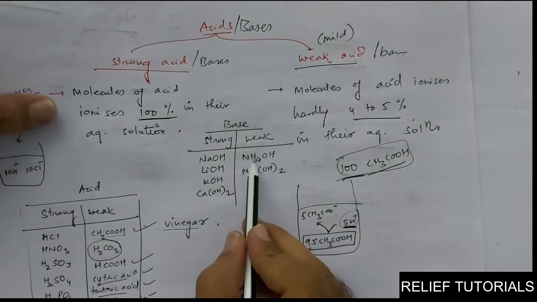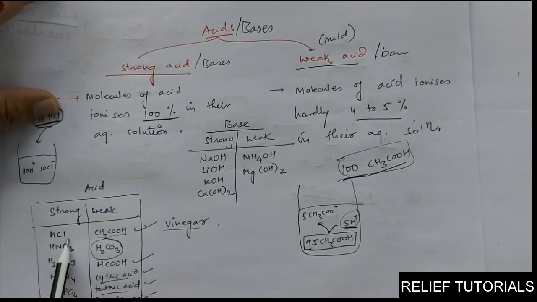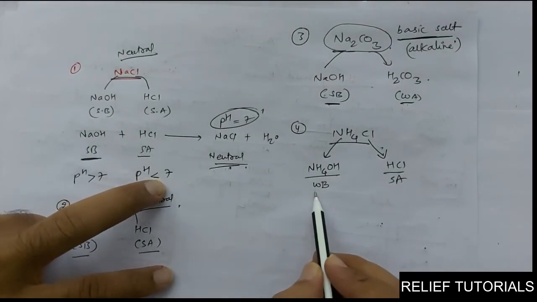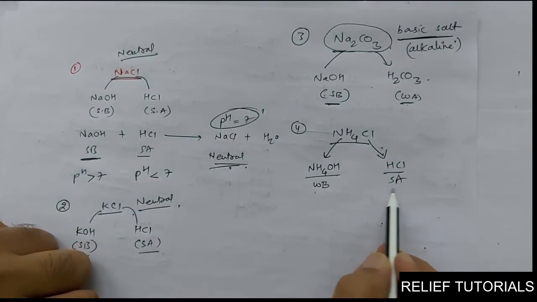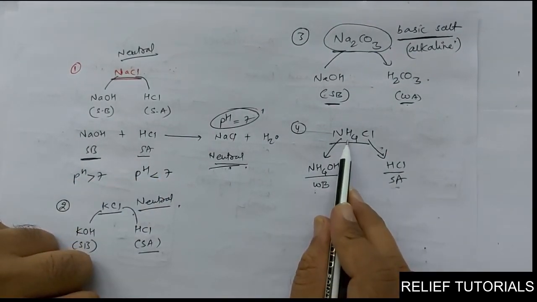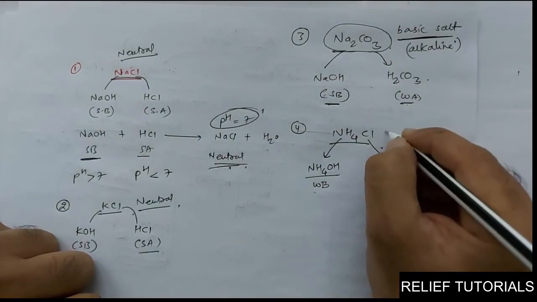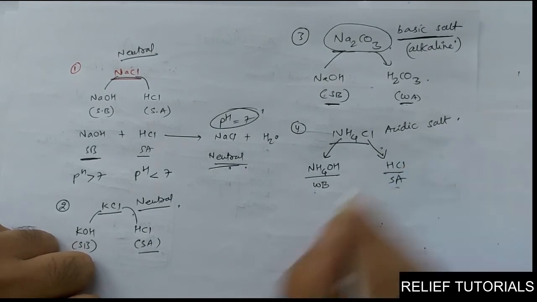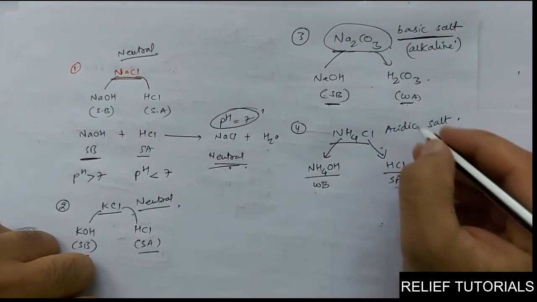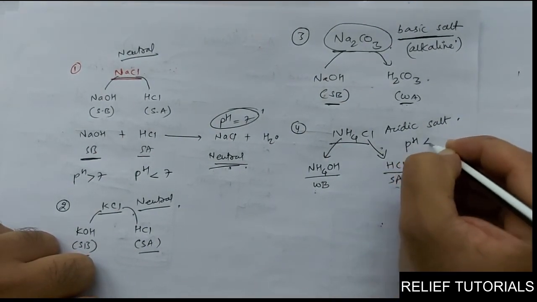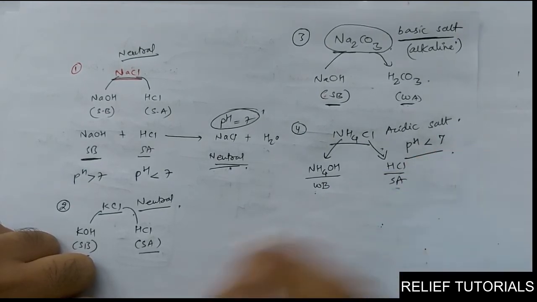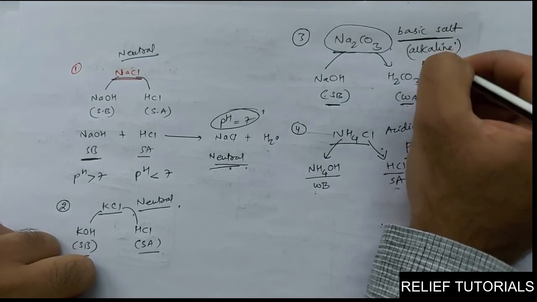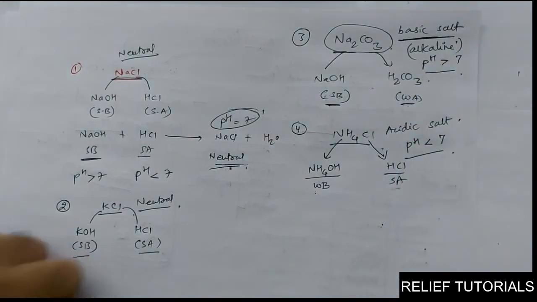Now for this salt, the weak base is not going to destroy all the properties of the strong acid, so NH4Cl still has some acidic characteristics. Such a salt is an acidic salt. If the salt is acidic, its pH value is less than 7, and if the salt is basic, its pH value is more than 7.